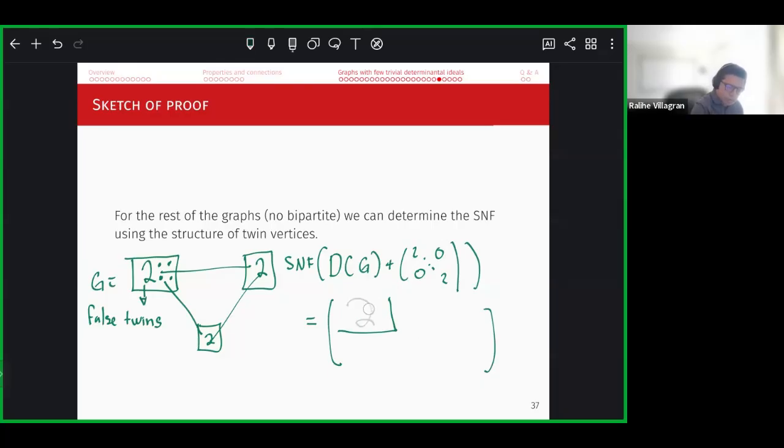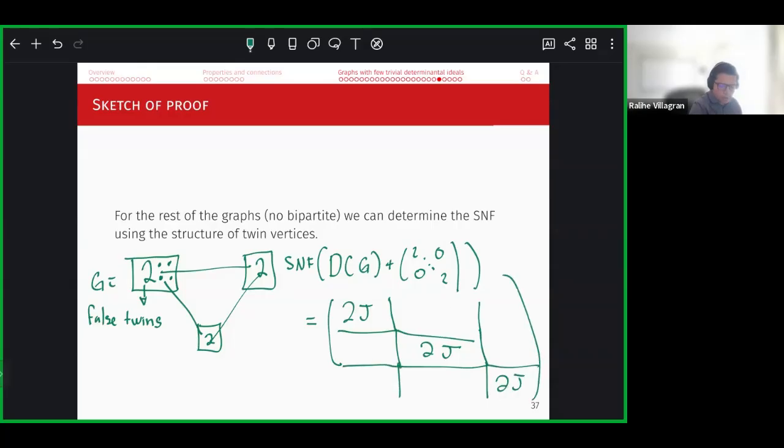It's just 2 times J, 2 times J, and then we have the distance to every other one, and that's J, J, J.